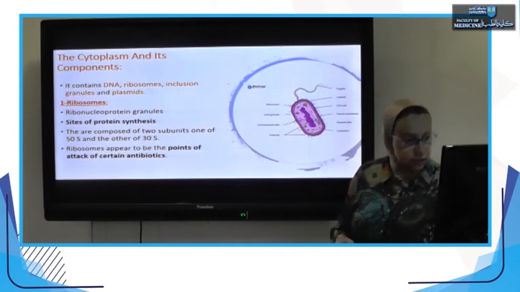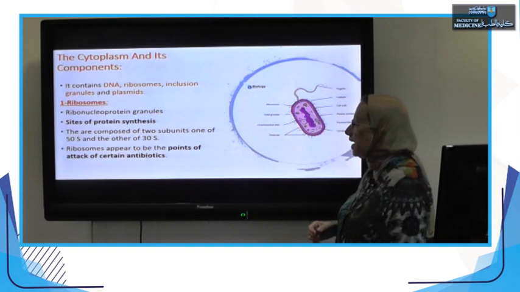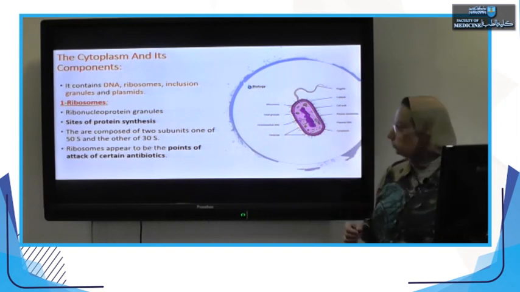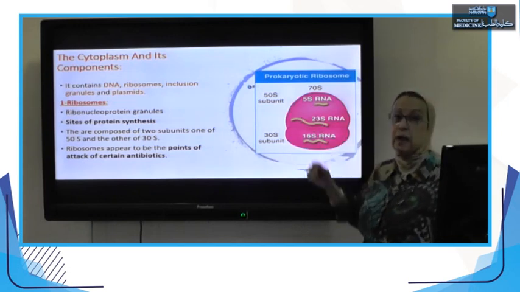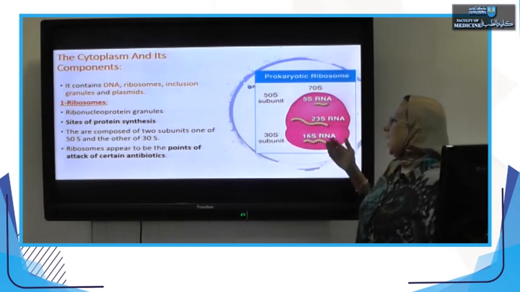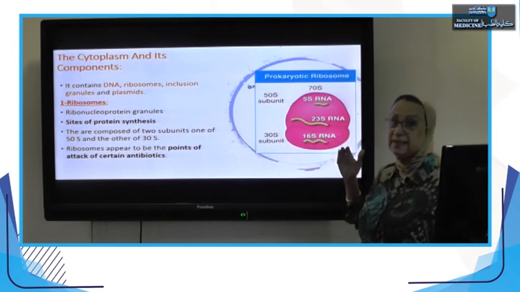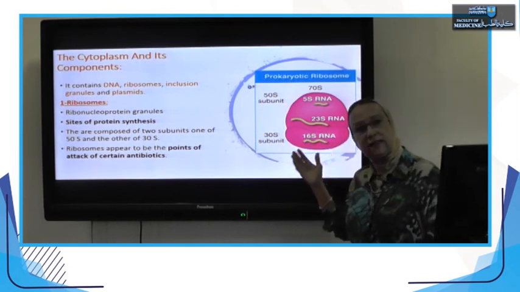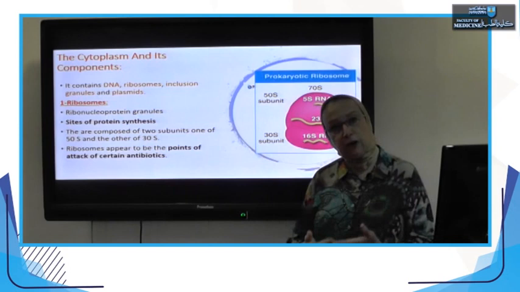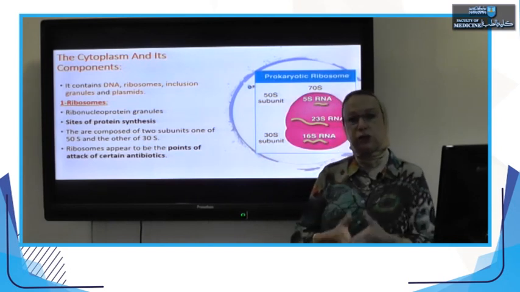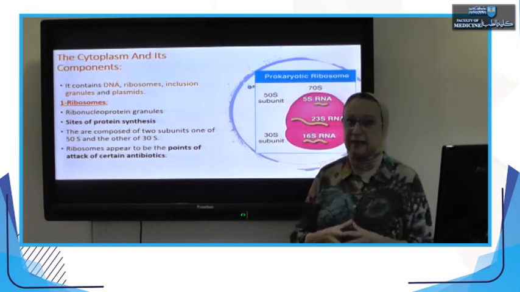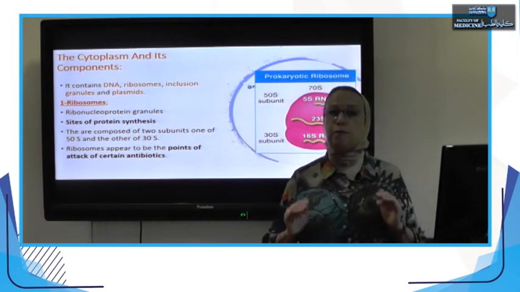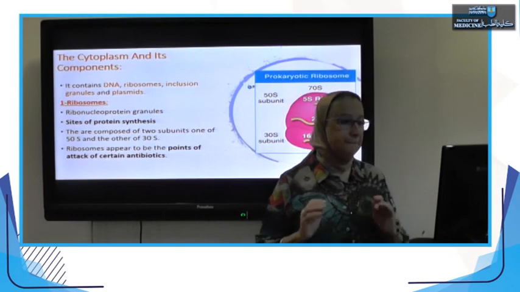In bacterial cells, the ribosomes are of the 70S configuration, with 30S and 50S subunits. They are sites for protein synthesis, and they contain receptors for some antibiotics that act by inhibition of protein synthesis in bacteria.